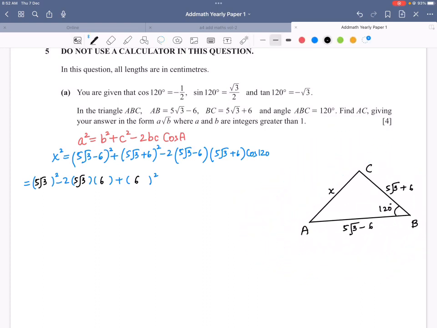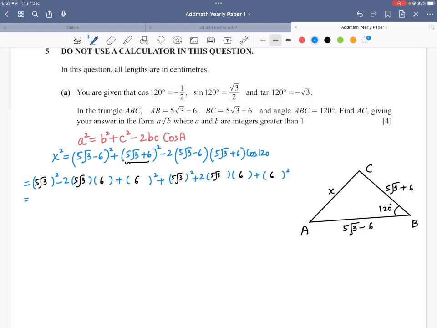Similarly, for the next part, it's a square plus 2ab plus b square, with 5 root 3 and 6. So let me simplify these two brackets first.